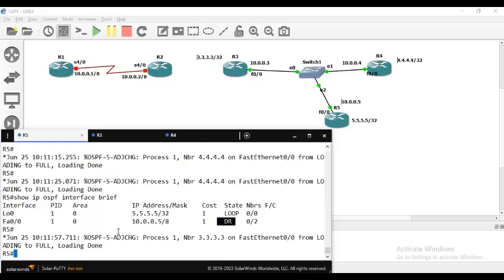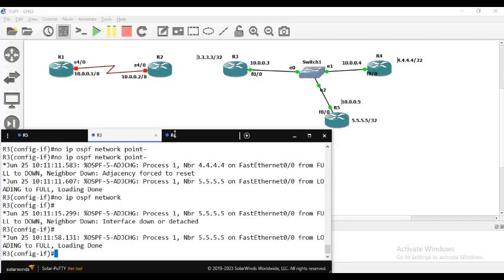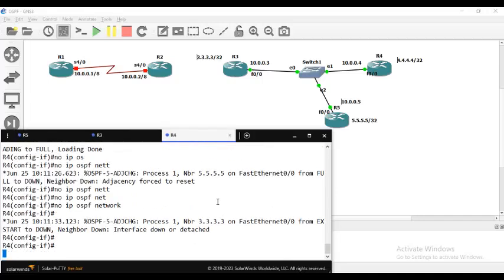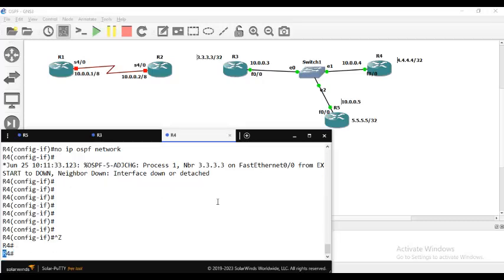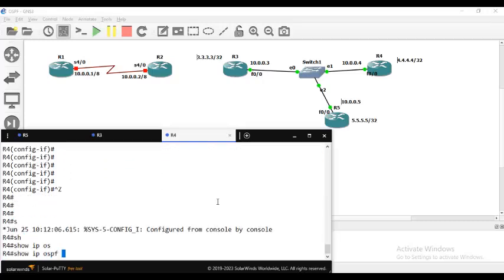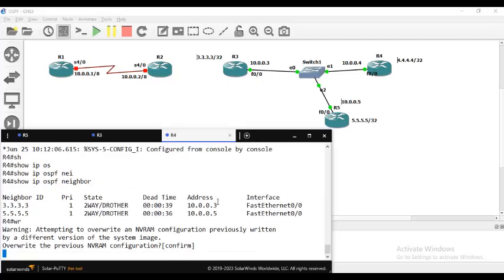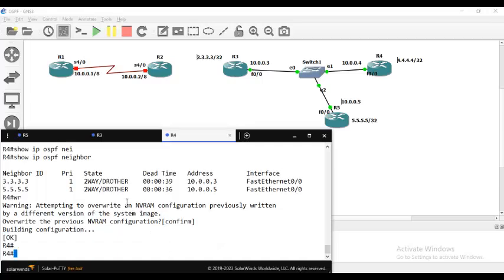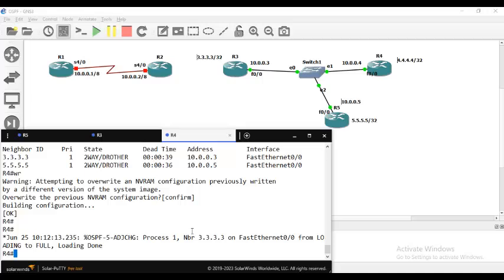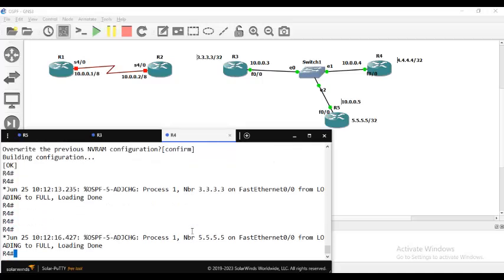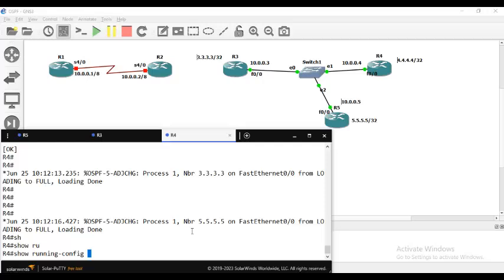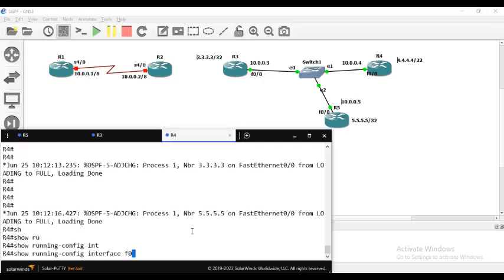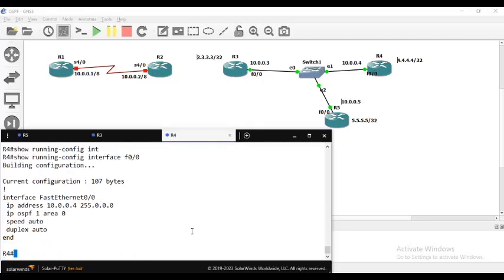Hopefully. Show IP OSPF neighbor. Okay, it's in two-way state. Did I set any priority? Let me go to the interface and see. Show run interface F00. No priority set. Good. Yeah, I don't think it will flap again.